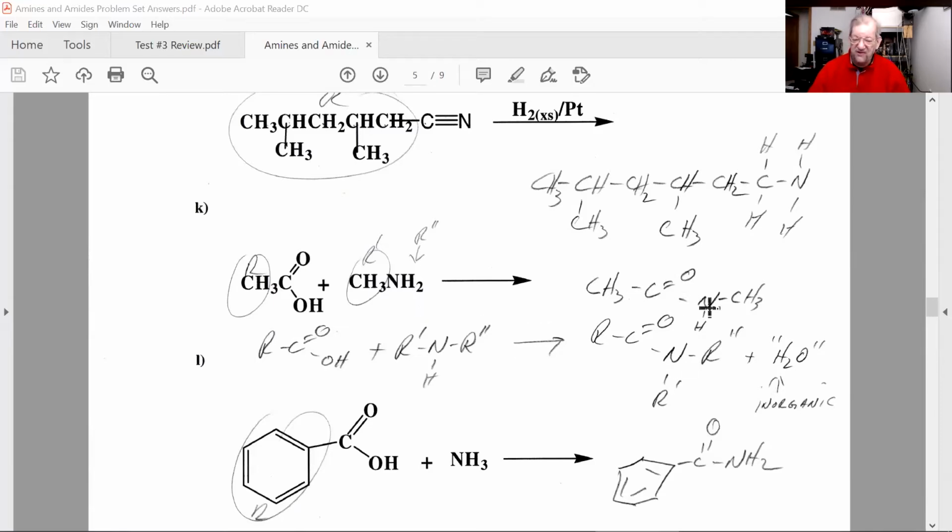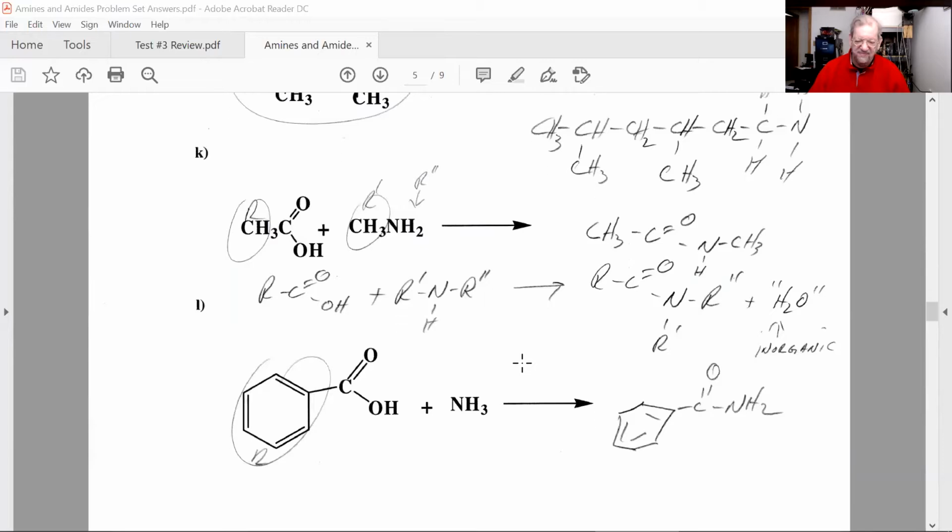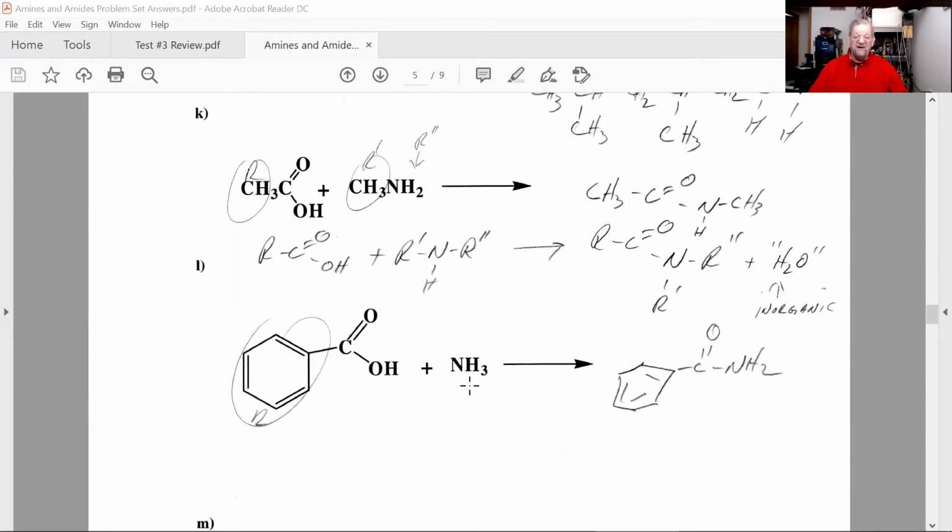And notice this is the amide. R is methyl, R prime is methyl, R double prime, hydrogen. In an amide, like an amine, you only have 3 bonds to nitrogen. Here, R prime and R double prime are hydrogen, which they can be, and you form this amide.